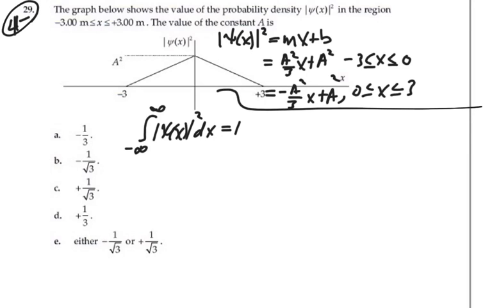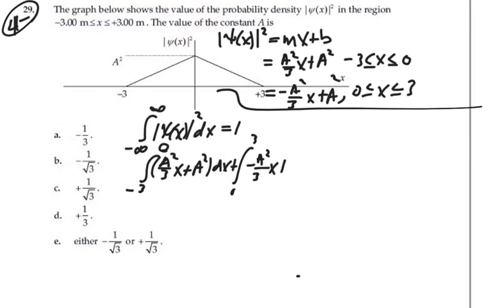And in this case, we're going to end up with the integral from -3 to 0 of a squared over 3, x plus a squared, all this dx, plus the integral from 0 to 3 of negative a squared over 3, x plus a squared dx. All this should equal 1.